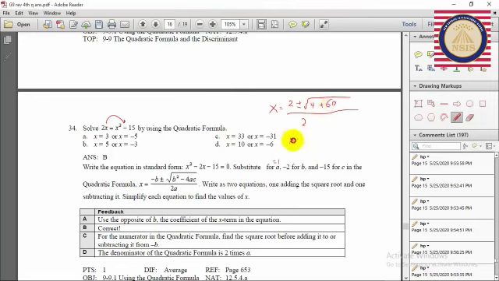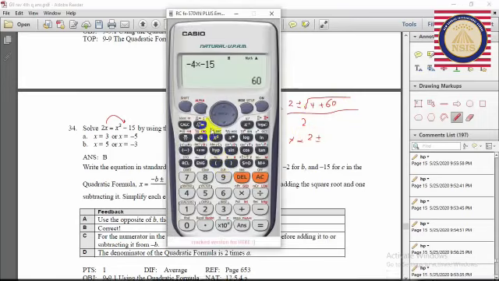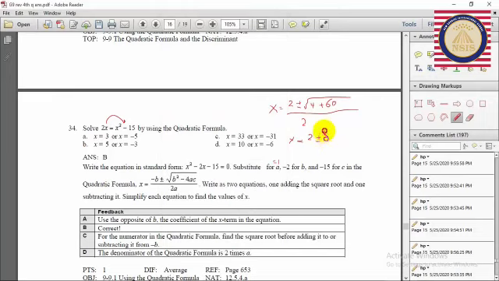So x equals 2 plus or minus square root of 4 plus 60, it equals 8, over 2. How are we going to do this? We're going to split it into two parts. Okay?